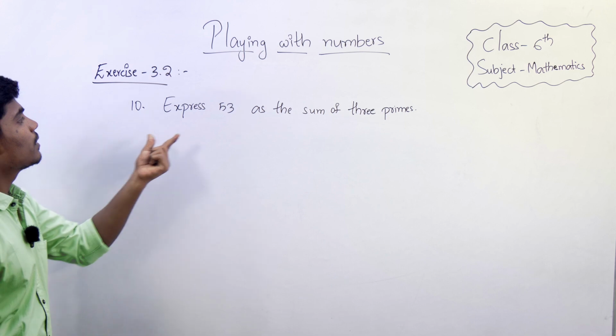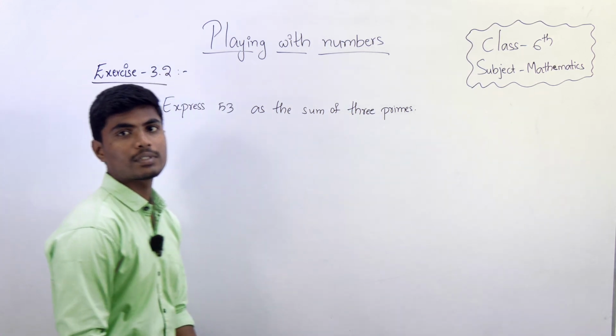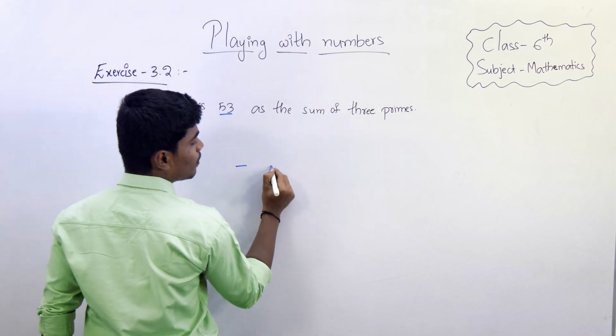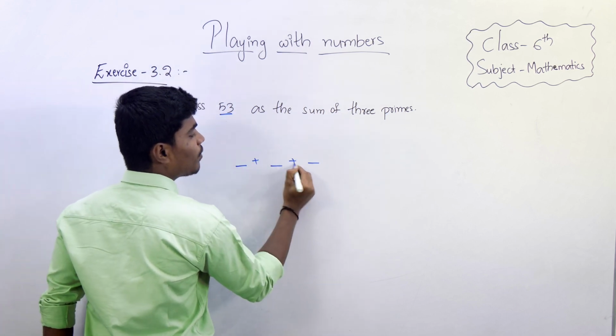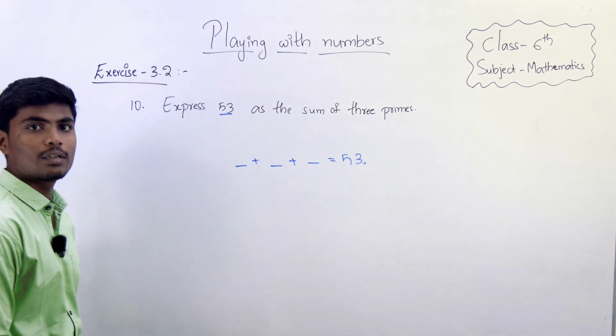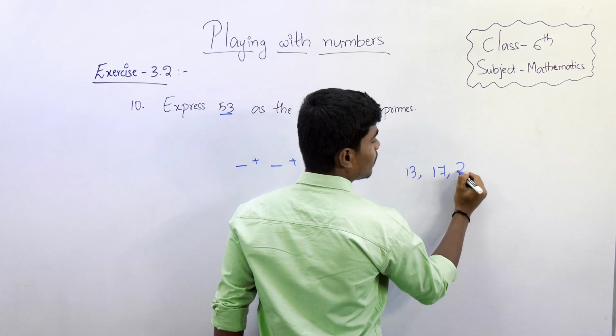Here in the 10th, express 53 as the sum of three prime numbers. See, we have to express 53 as a sum of three numbers. The sum of the three numbers should be equal to 53. Let's take 13, 17, 23.